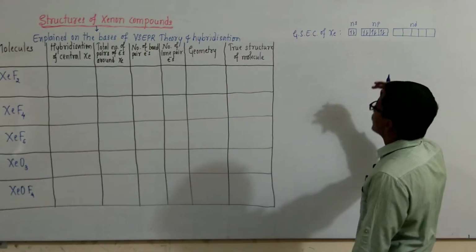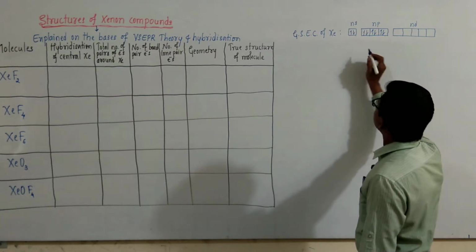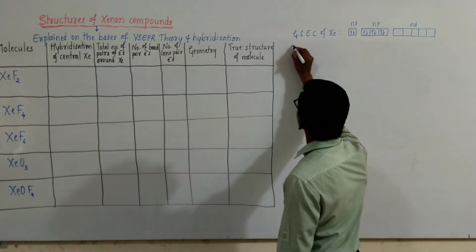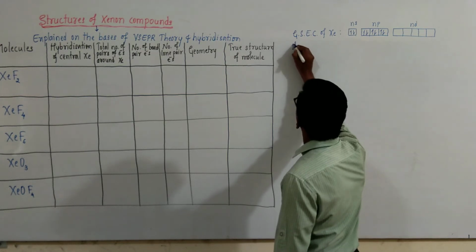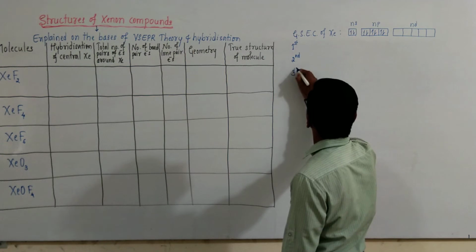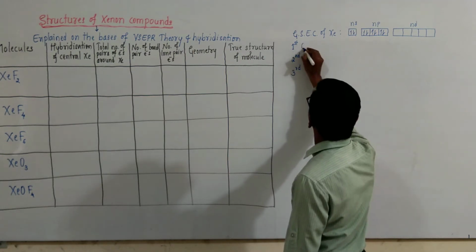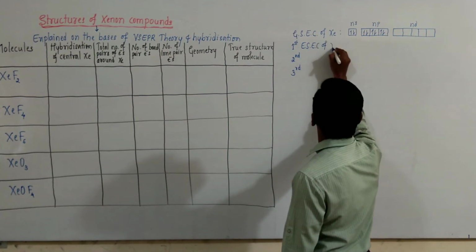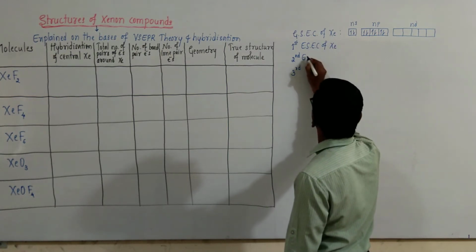And for the excited state electronic configurations, I will write first, second and third excited state electronic configuration of xenon.